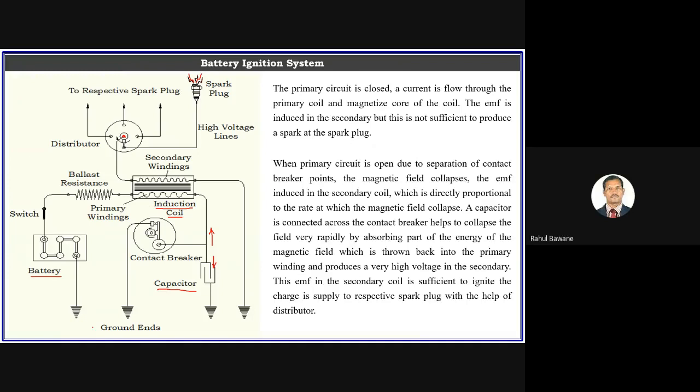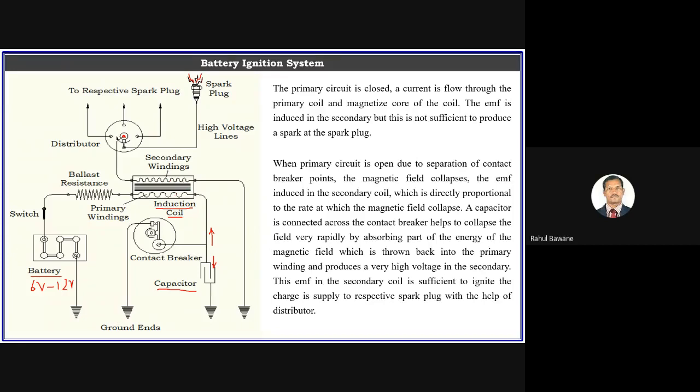In a battery ignition system, even though our battery is 6 volt or 12 volt, when the circuit breaks, the magnetic field collapses, and the capacitor throws back its energy and increases the collapse speed of that magnetic field.